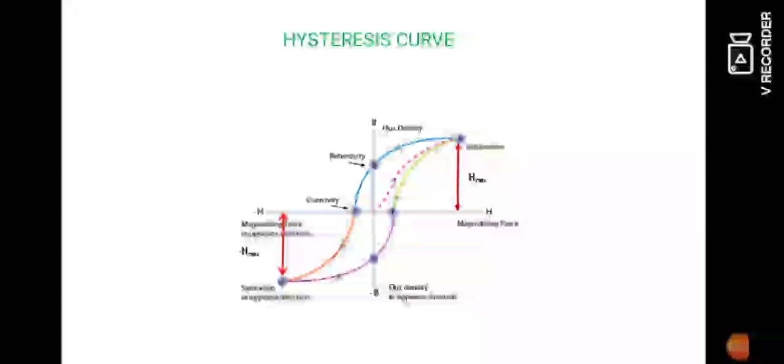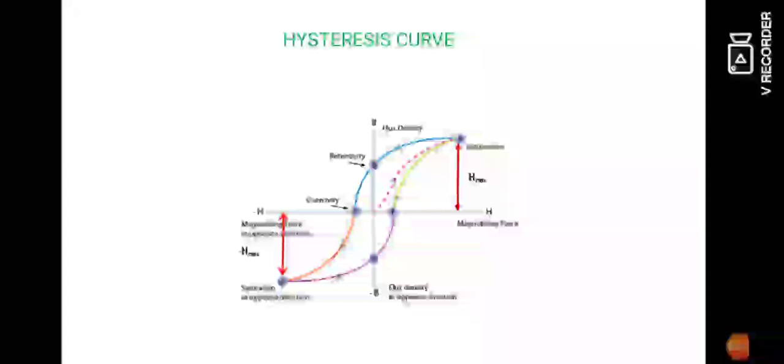Now, when the magnetic field value H gradually decreases, the important thing is that the B value will not decrease rapidly to 0 along the original path.